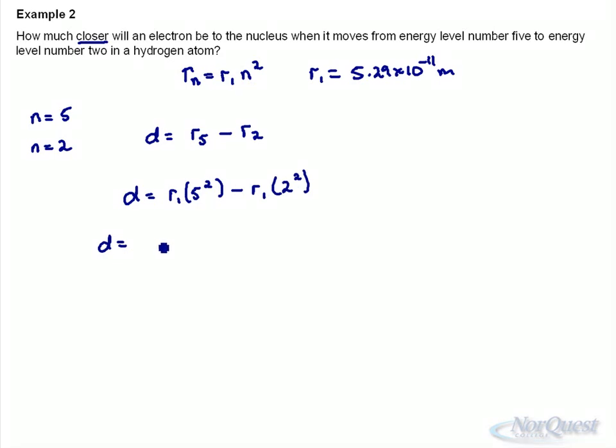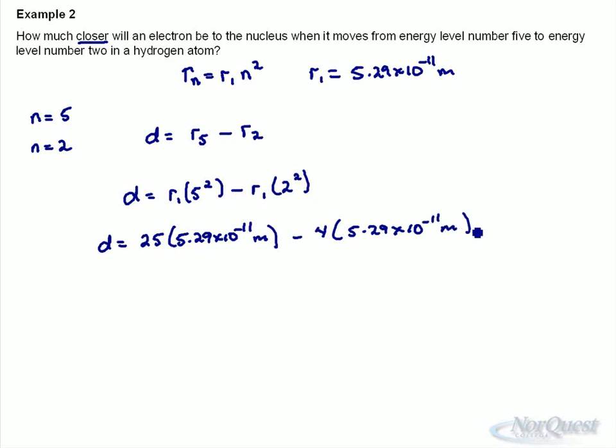We'll just get used to substitution and going from there. This is going to be 25 times 5.29 times 10 to the negative 11 meters minus 4 times 5.29 times 10 to the negative 11 meters.